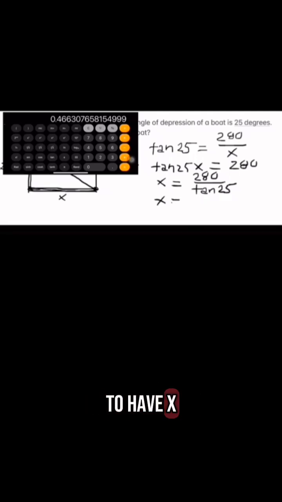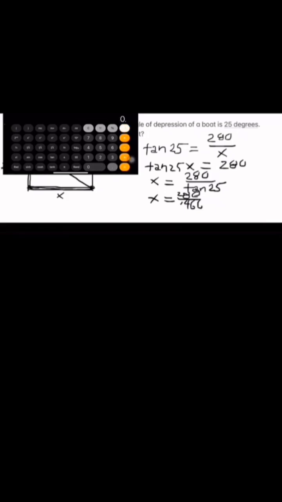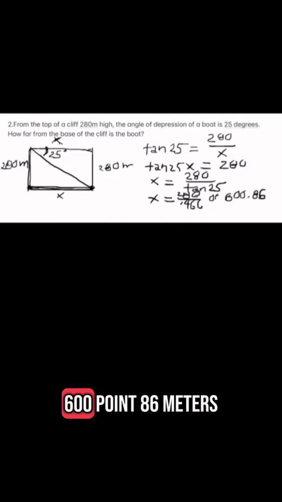So x equals 280 divided by 0.466. Dividing this resolves to 600.86. So from the base of the cliff to the boat, that is 600.86 meters.